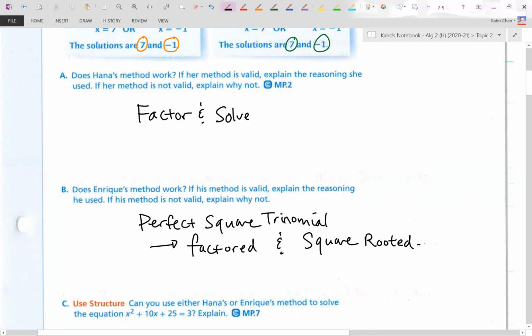Another method. Remember though, when he square rooted, he created a plus or minus. Don't forget that. Both methods work fine. Just different approaches.